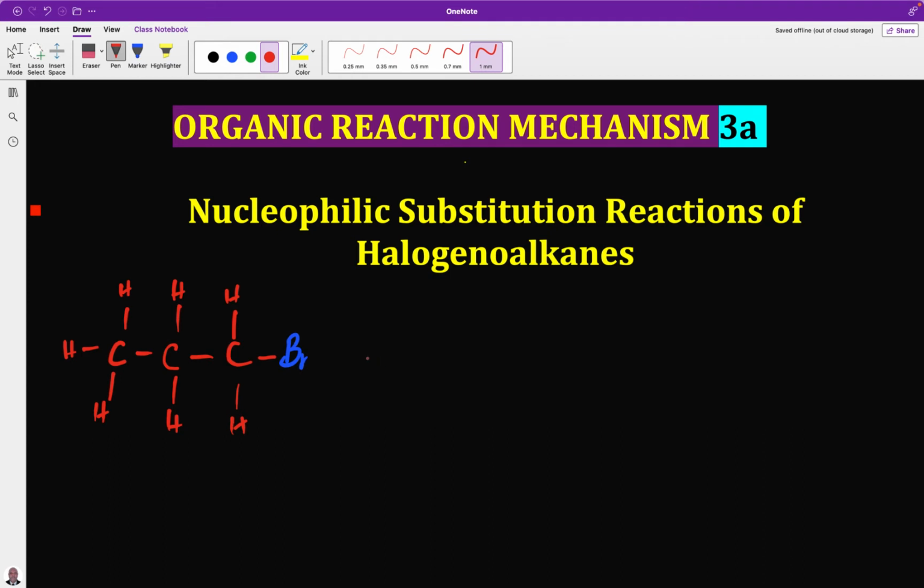We have a compound like this one. The carbon atom holding the halogen atom has how many alkyl groups? It has two methyl groups attached to it.